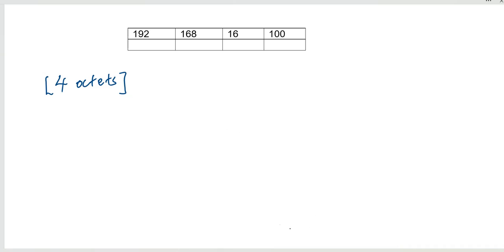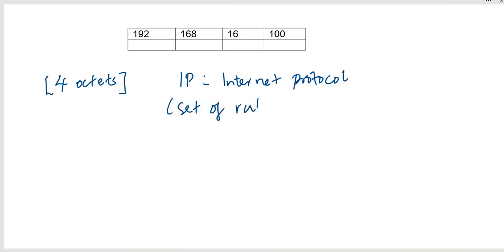Mr. Brezius. Oh, okay. IP in full is called Internet Protocol. So a protocol in computer systems is like a set of rules that governs the way data is transmitted during communication.